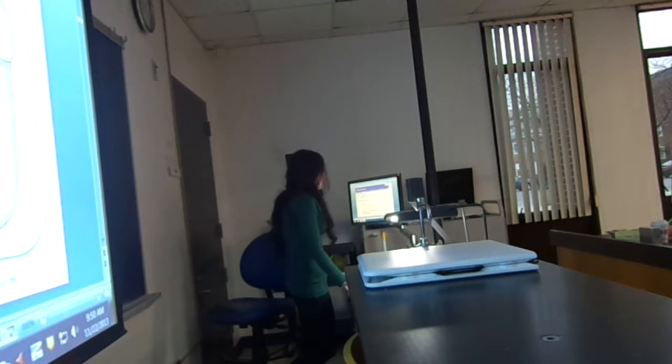Now the mesial contact area is at the junction of the occlusal and middle thirds. So let me just show you what that looks like.